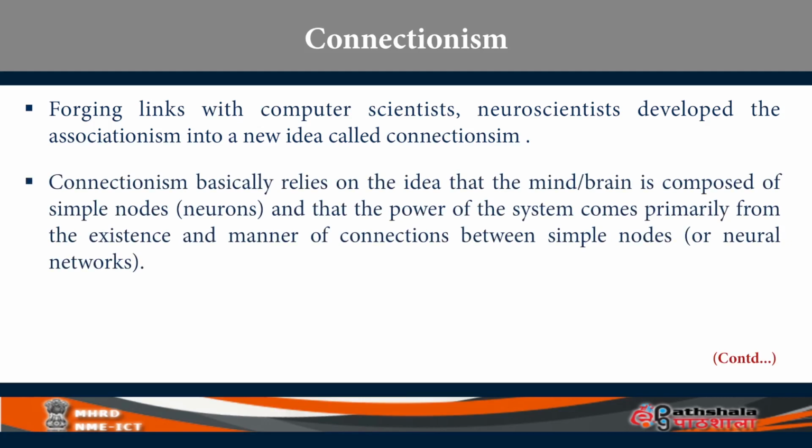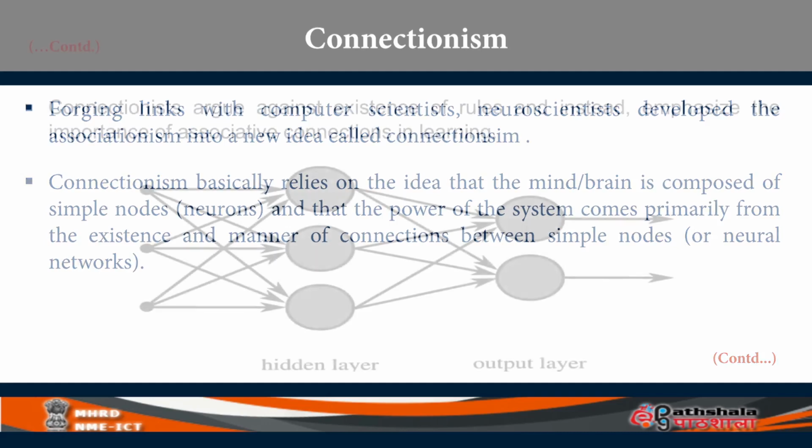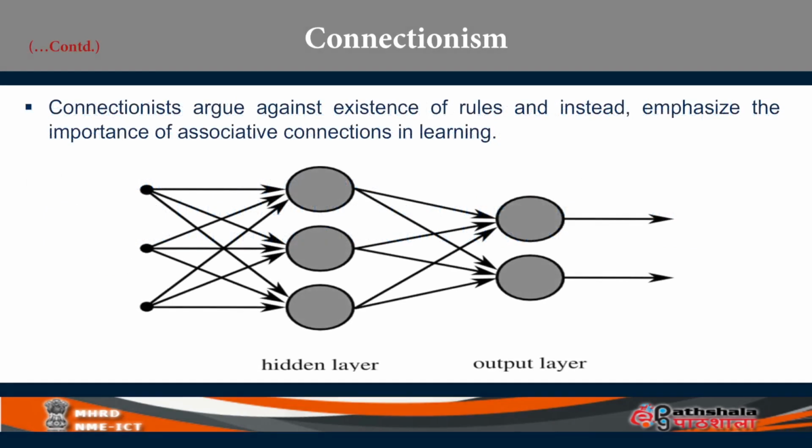Connectionism basically relies on the idea that the mind-brain is composed of simple nodes, say neurons, and that the power of the system comes primarily from the existence and manner of connections between different nodes or neural networks. So, you see on the screen a very simple network model, trying to explain connectionism.